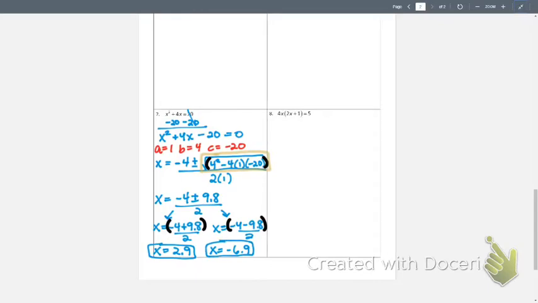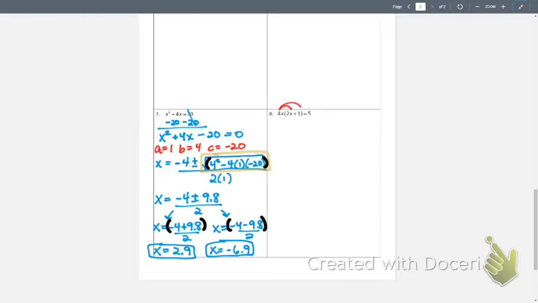So the reason why we use the quadratic formula is so you can solve quadratics without having to take the time to factor or use the square root method. But you can't do this if it has parentheses like number 8 or if it's not set equal to 0.